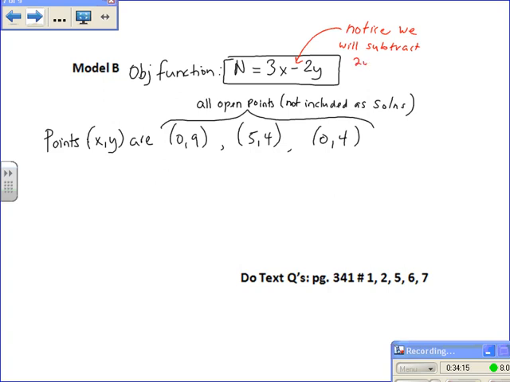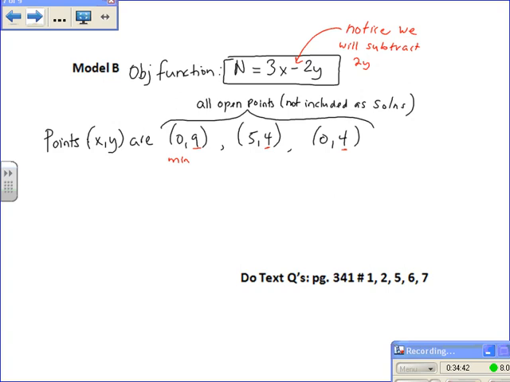Looking at the y values 9, 4, and 4, subtracting 2 times 9 gives negative 18, a bigger negative number than subtracting 2 times 4, which is negative 8. So you might already guess that this point will be my minimum, because it gives the smallest number.